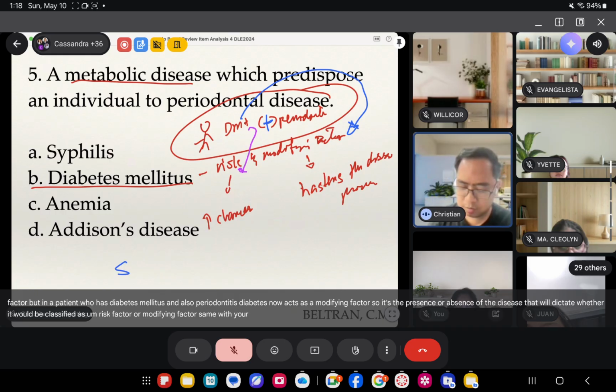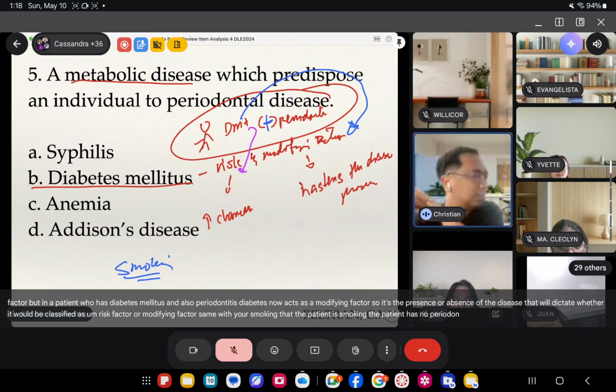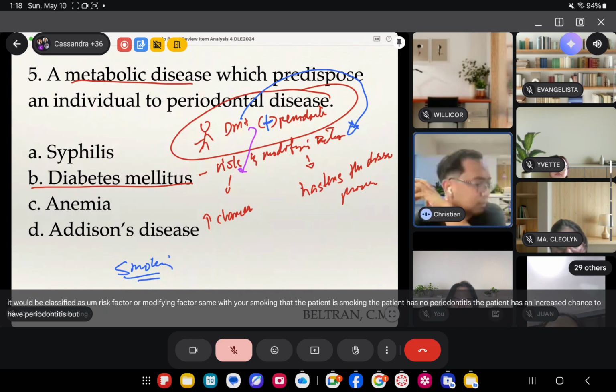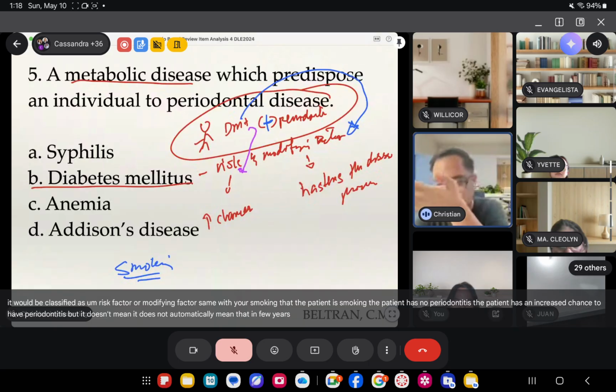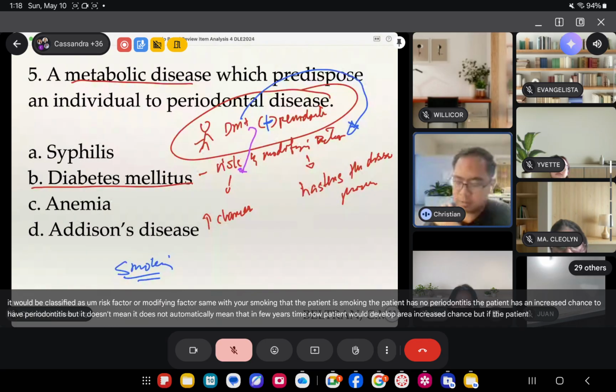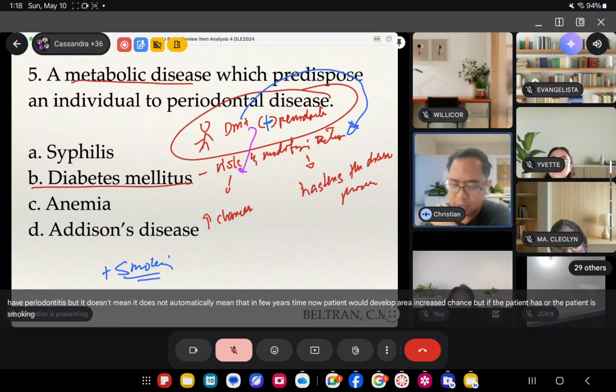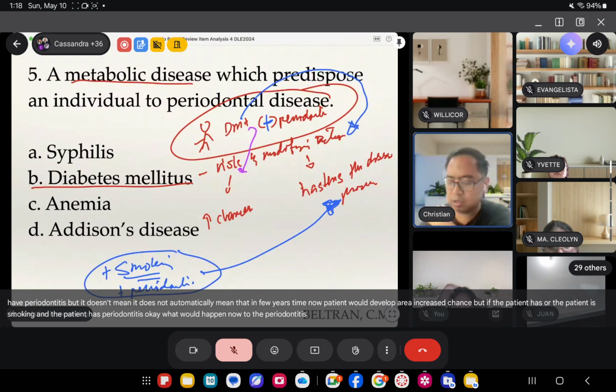Same with smoking. The patient is smoking, the patient has no periodontitis. The patient has an increased chance to have periodontitis, but it does not automatically mean that in a few years' time the patient would develop perio. Just an increased chance. But if the patient is smoking and has periodontitis, what would happen now to the periodontitis? It would worsen.